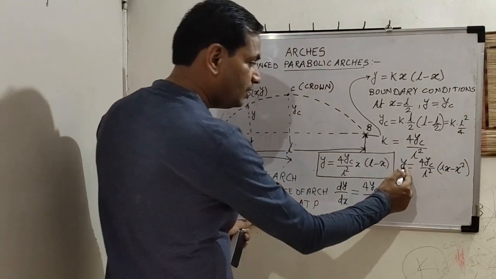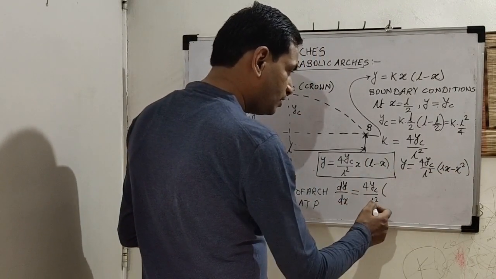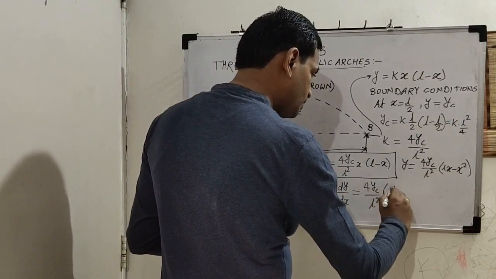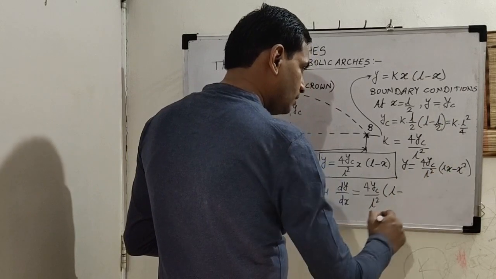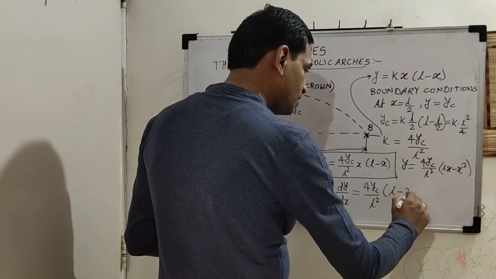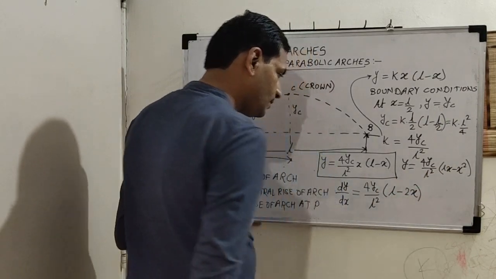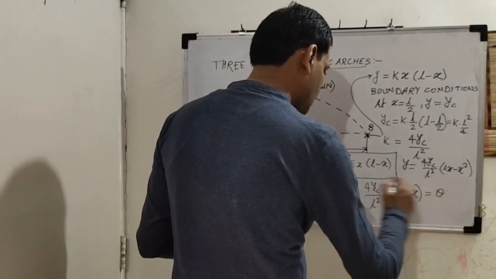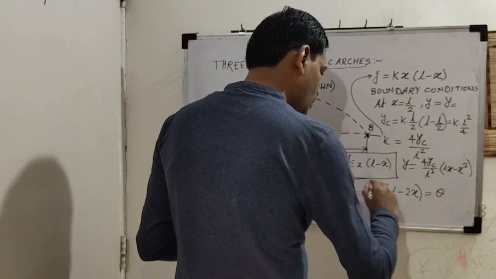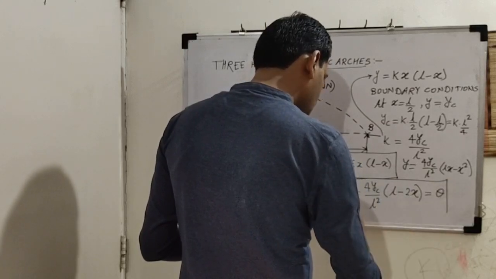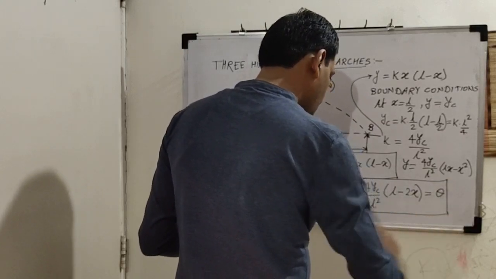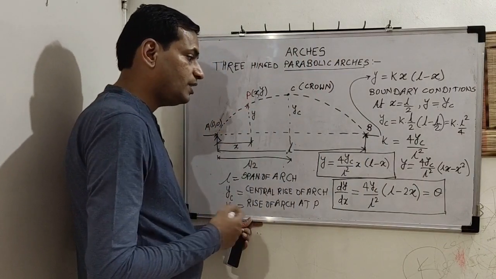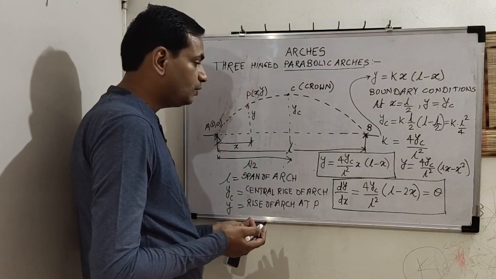Now you differentiate this y, dy by dx is equal to 4yc upon L square into derivative of Lx is L minus derivative of x square is 2x. So you have got theta, slope of the arch at that particular point P, whose coordinates are x and y, okay.